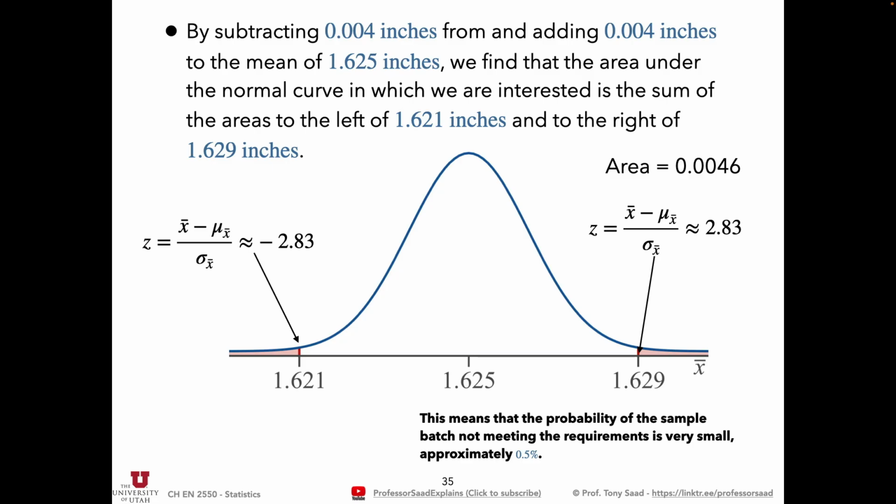It's your sample mean minus the population mean over the sampling distribution standard deviation, which is sigma over square root of n or square root of 50. You get your z-scores, you calculate the area, and you compute this from the tables or whatever, and you get a 0.5% chance that this is going to be the case. Very low probability. You're good on your quality control, right? And you can move on with life.